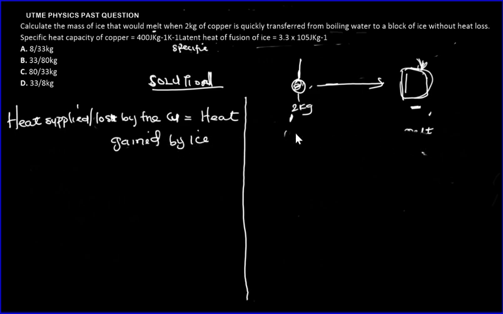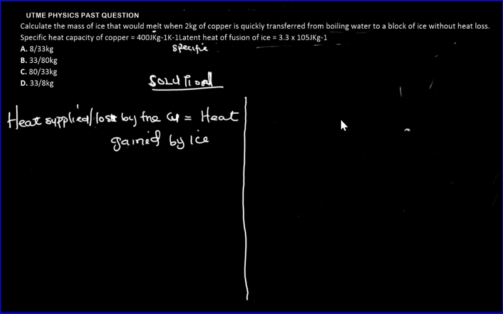If you are supplying something, you are losing it. So the heat supplied by the copper, the quantity of heat, is MC delta T. This change in temperature is the initial temperature of copper minus the final temperature, let me just use T.